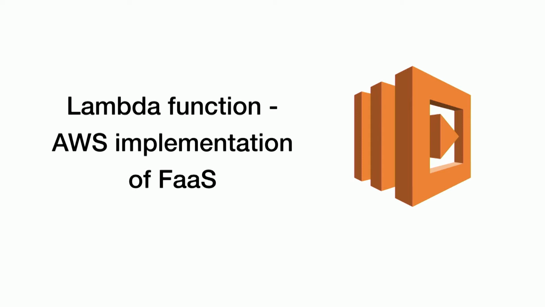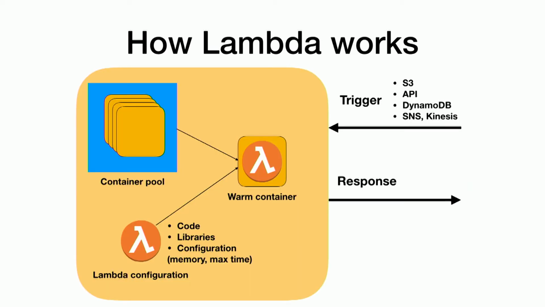So how does it work? Basically, there is a Lambda configuration which is stored, which is code, libraries, and configuration in terms of memory and maximum time. And there is a container pool, which, to put it simply, is just EC2 instances. When a trigger starts, it basically can come from an API or other sources. They produce an event.